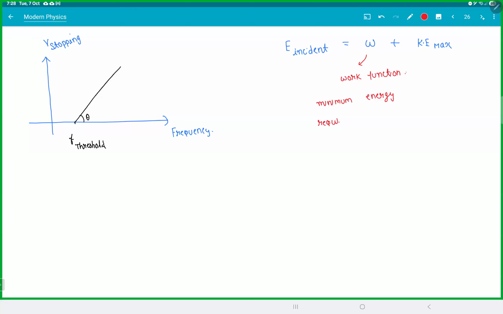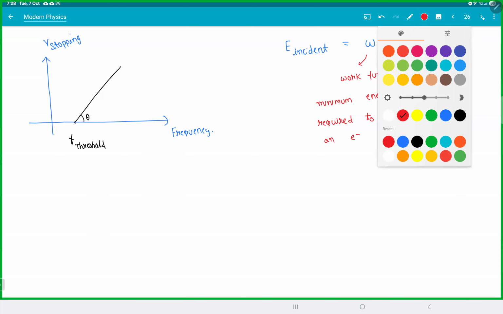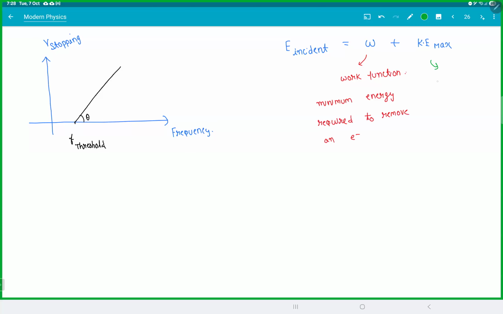So if you want to remove an electron from the lattice, you need at least this much. KE max is the maximum possible kinetic energy. Understand one thing: it doesn't mean every electron will come out with this energy. Remember I told you sometimes electrons will collide inside before coming out. So electrons can have any energy from 0 to KE max.